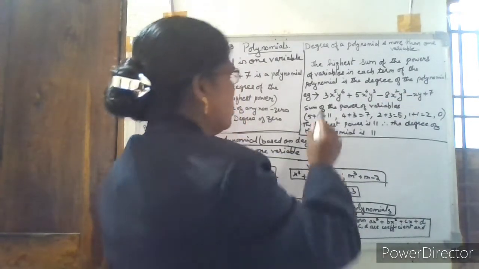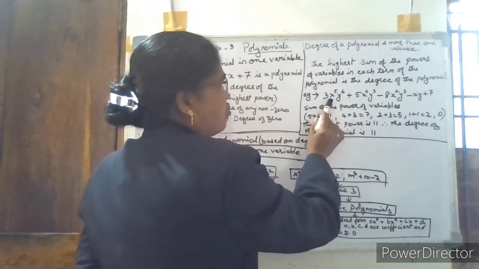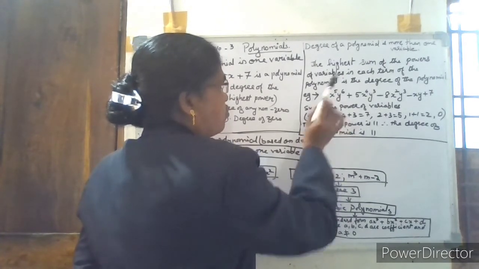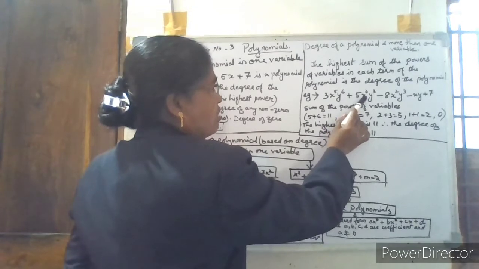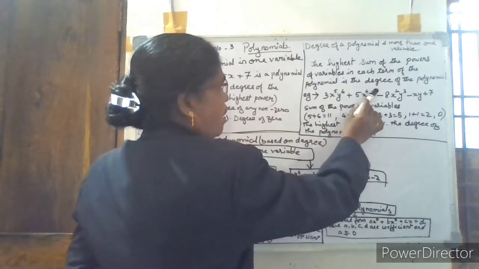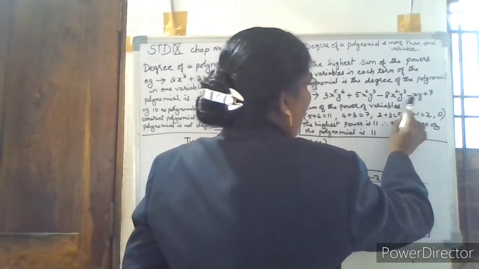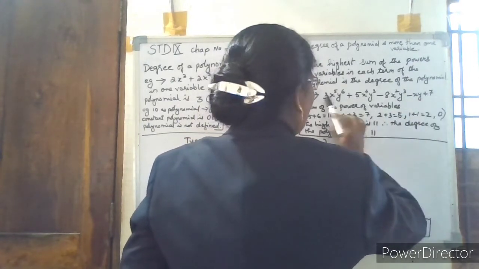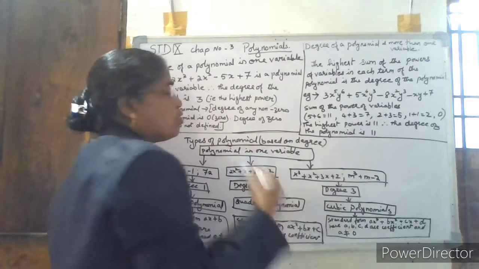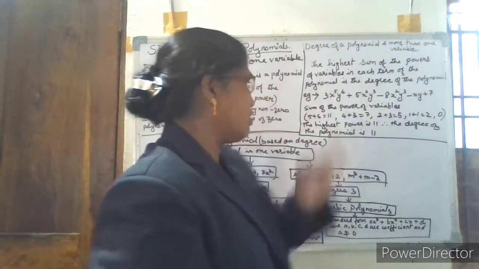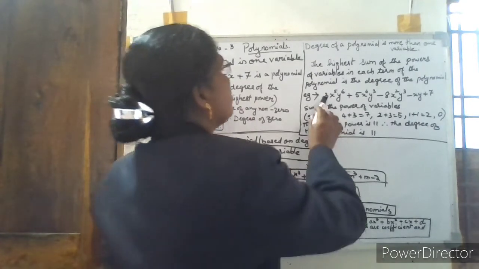See, I have taken 3x raised to 5, y raised to 6, plus 5 x raised to 4 y cubed, minus 8x squared y cubed, and minus xy plus 7. It is a polynomial in more than one variable. See, xy is there. Two variables are there.